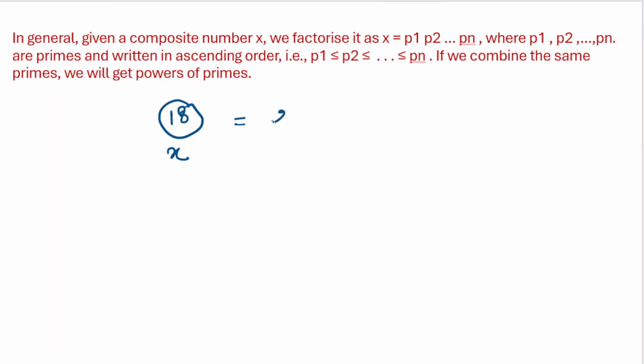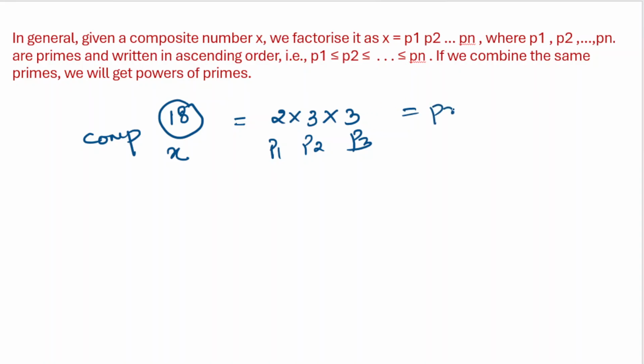Its factorization is 2 into 3 into 3. So we are saying its factors are P1, P2, P3. 18 is our composite number x, and we factorize it as P1, P2, P3.